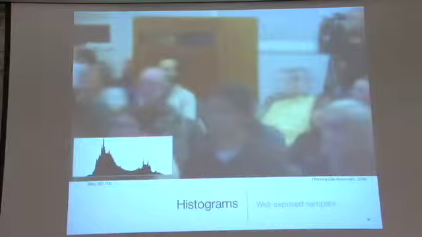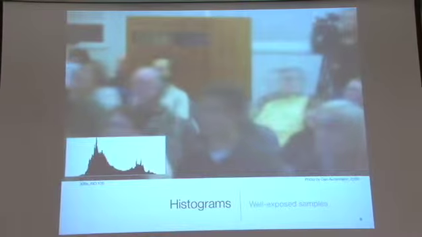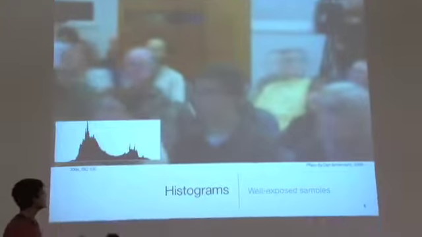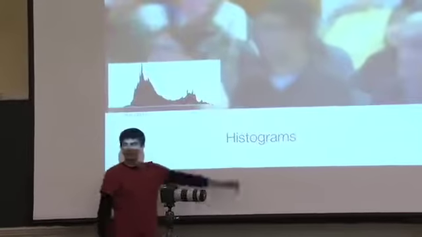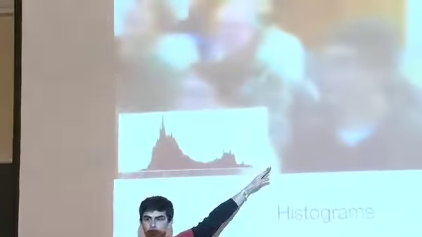Now, what I'm trying to show you here are some well-exposed examples of what a histogram would look like, but you will see that there's not one formula that a histogram follows in order to be correct. So this one's very easy. All of the tones fit within the dynamic range of the camera. There's nothing that's brighter than the brightest white that the camera is capable of taking.